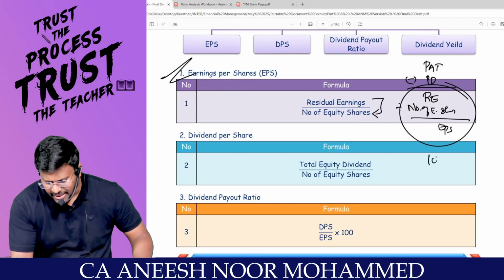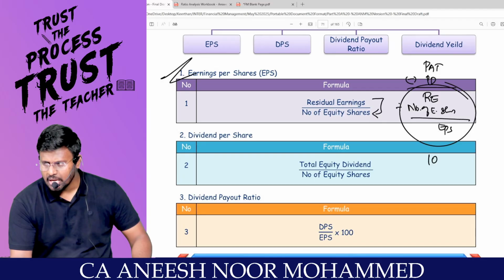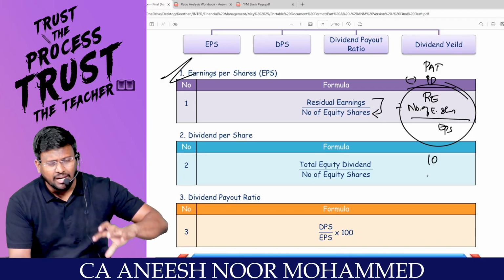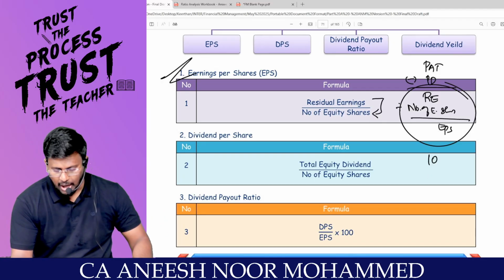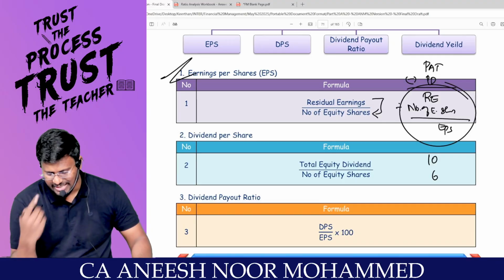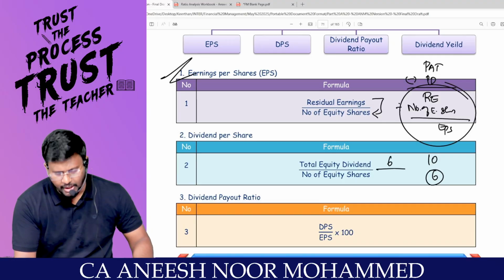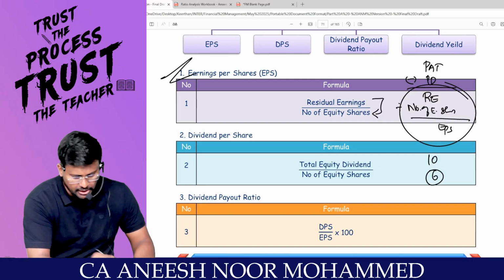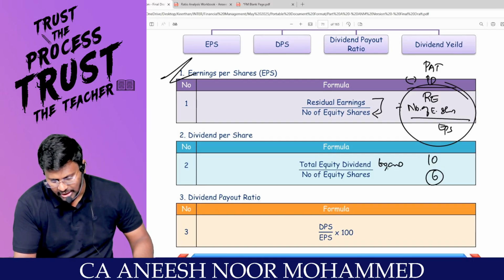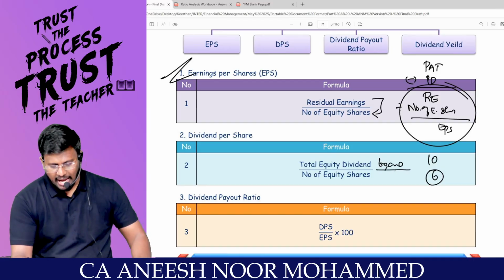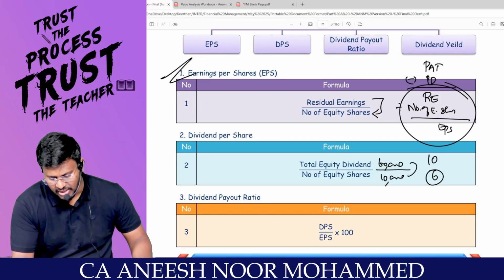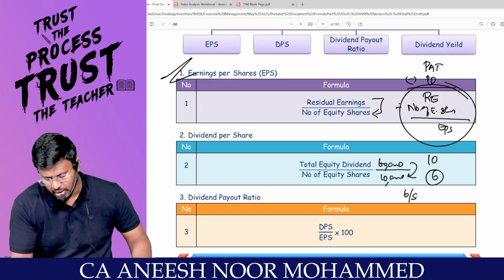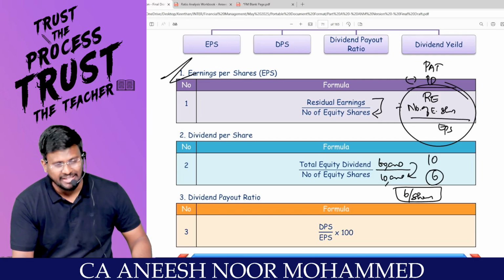If EPS is 10 rupees, the company will not give the entire 10 rupees to the equity shareholders. Suppose the total dividend declared during the year is 60,000 rupees, and the company has 10,000 equity shares. 60,000 divided by 10,000 comes to 6 per share, which is the DPS.